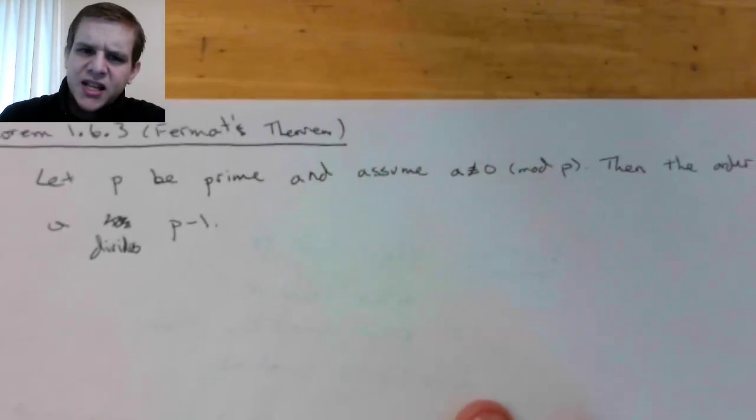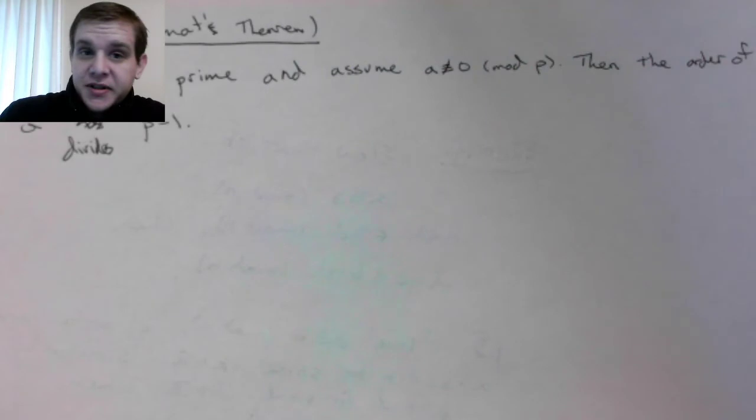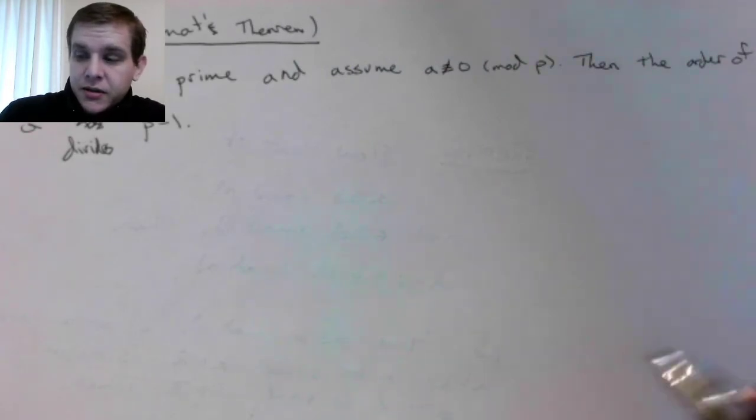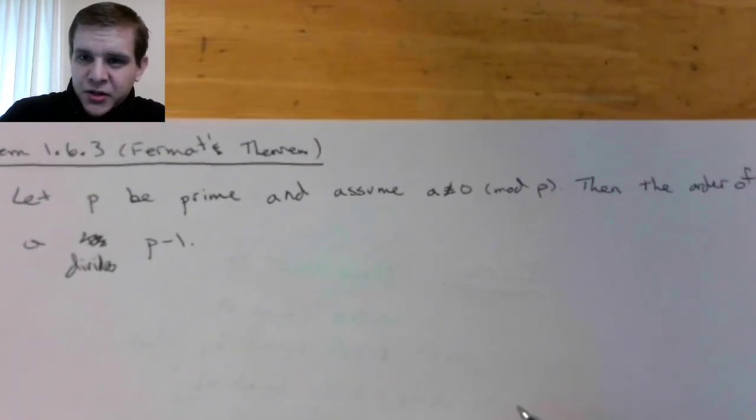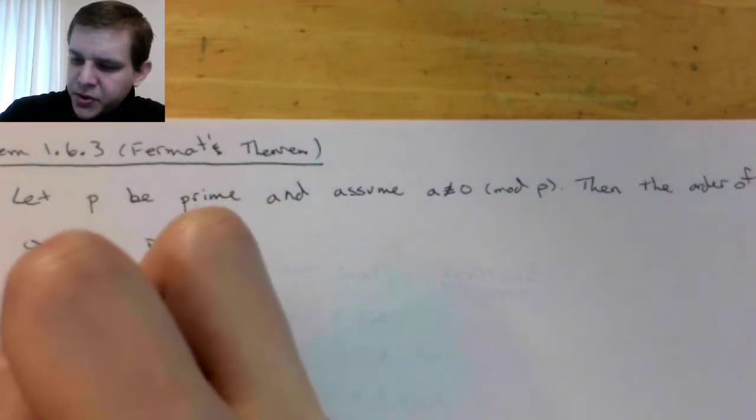Okay, the book says it slightly differently. This is actually the corollary. And my first statement in the proof of the theorem will be to reduce to what the book says. So how do you prove this theorem?